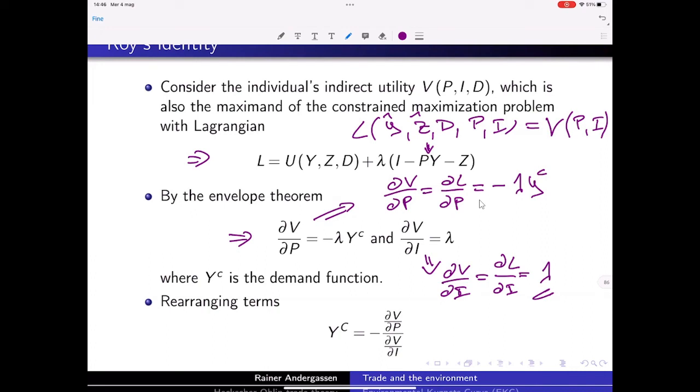Now we are ready to calculate dV. This is dV over dI. Sorry, dV over dP. I just have to now use this. So this would be my dP, this is dI. If I do this, I get here minus lambda YC over lambda, and that's why I get here minus YC.